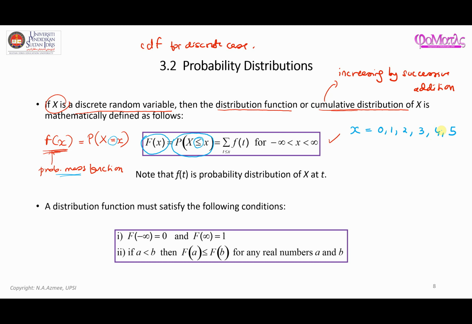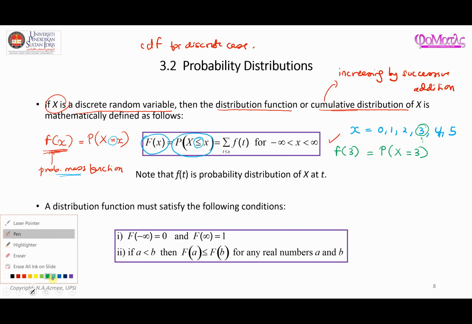If we talk about small f3, this is the probability mass function, so you are just considering the probability of x equals 3.